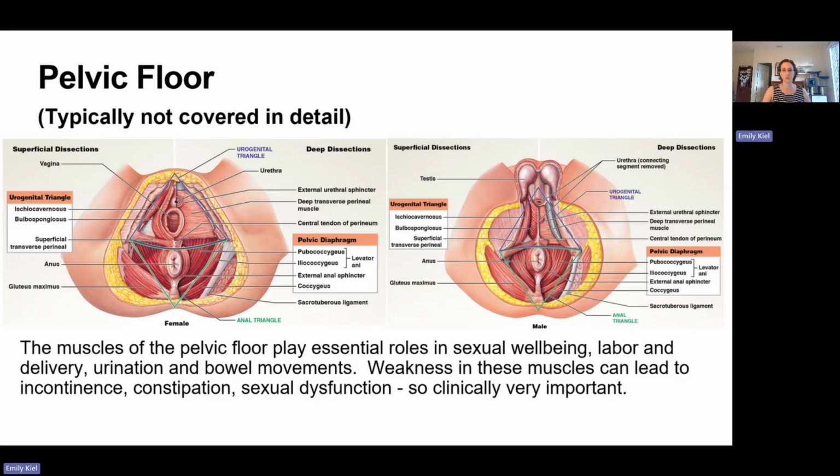Kegels are practicing contraction of the pelvic floor, but there are lots of other ways the pelvic floor can be helped, because we want to make sure that everybody is continent, that we have good sexual well-being, and that we're not experiencing constipation. So know the functions of these muscles and what weaknesses we might experience. You don't need to know all of these muscles at this time.